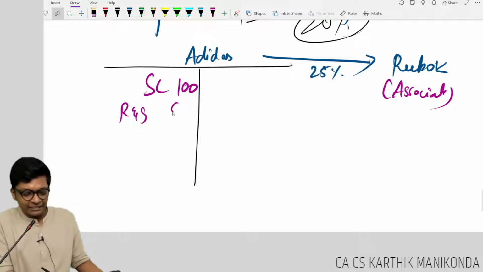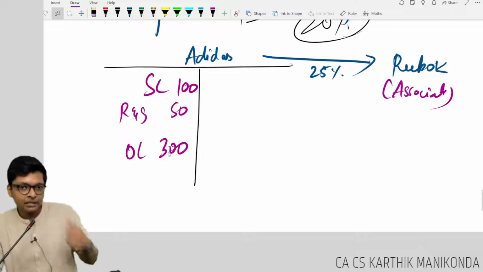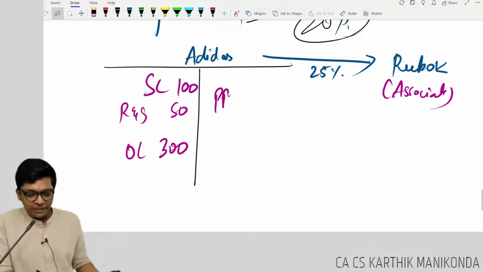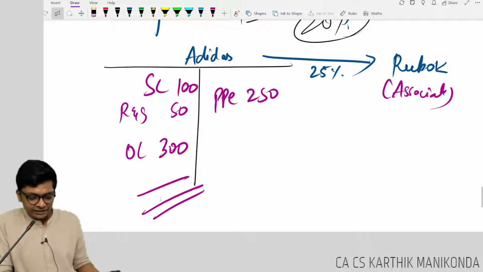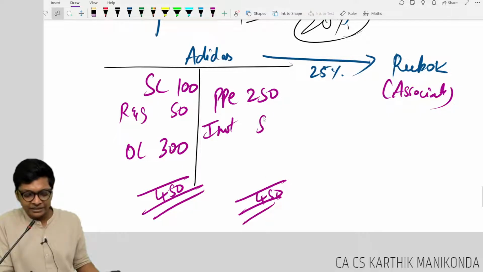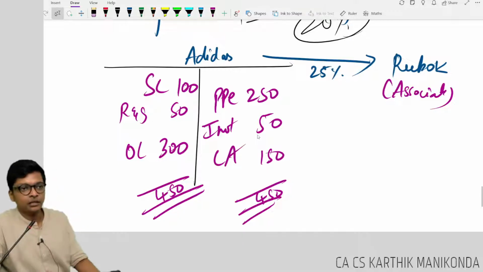Reserves and surplus of Adidas, let's say, is 50. Other liabilities 300. Here property, plant, equipment, let's say 250. What's the balance sheet total, guys? 450. Here also 450. Let me say investment in Reebok is 50. 150 is current assets, correct?